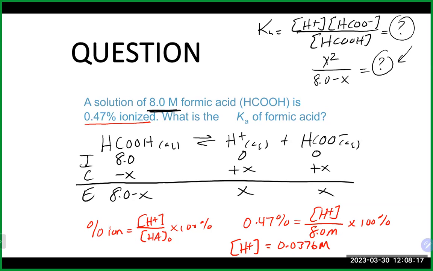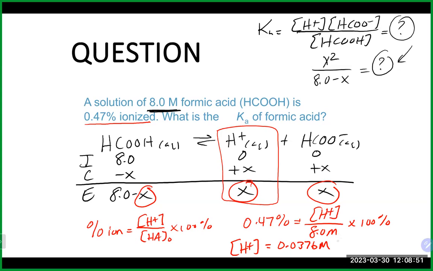So using our percent ionization, we're able to figure out the H plus concentration. That is important in this case because if we go to our ice table, we can see that the H plus concentration at equilibrium basically equals X. And that X value is this X value because it is the same, and it is also that X value as well. So by using the percent ionization, we're able to figure out the concentration of H plus at equilibrium, and that allows us to get numbers for each of these things.